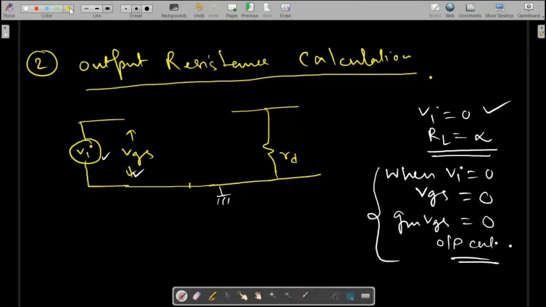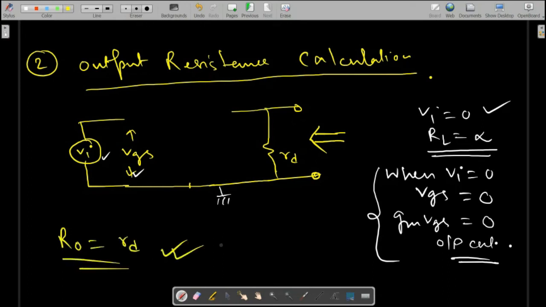Now, what is the value of impedance you are seeing from the output terminal between this and this? RD. That's all. So R0 is equal to RD, the output resistance of common source amplifier.